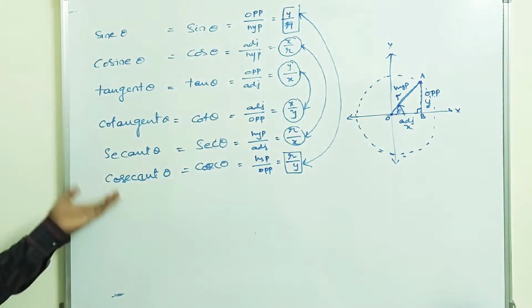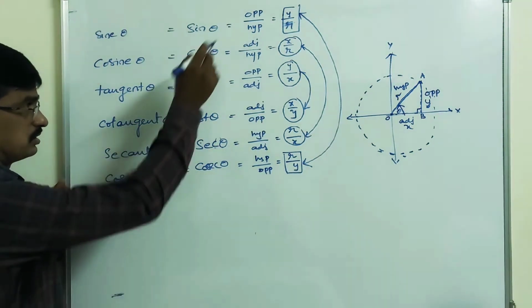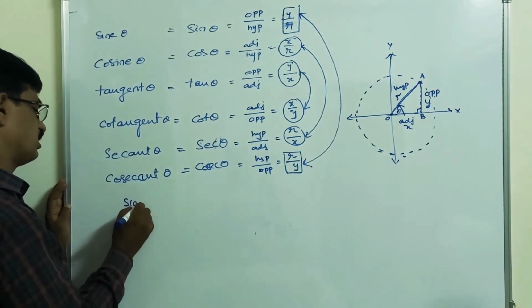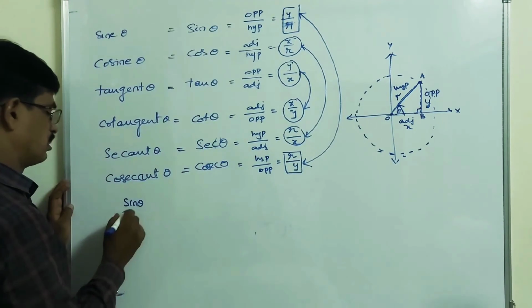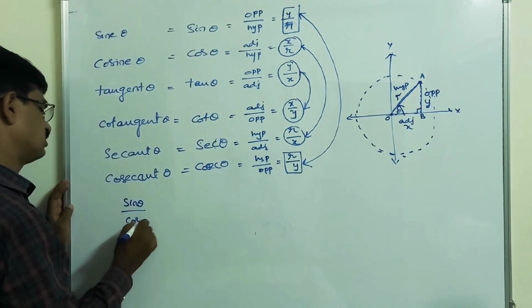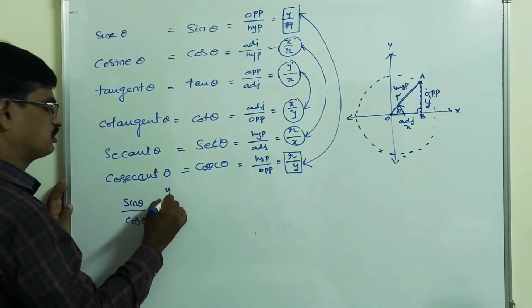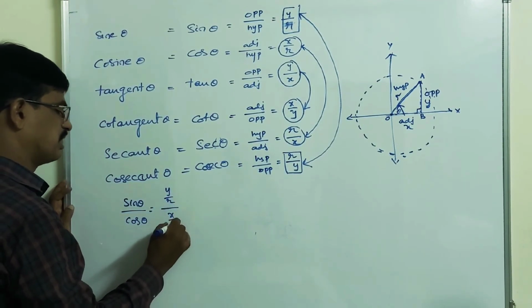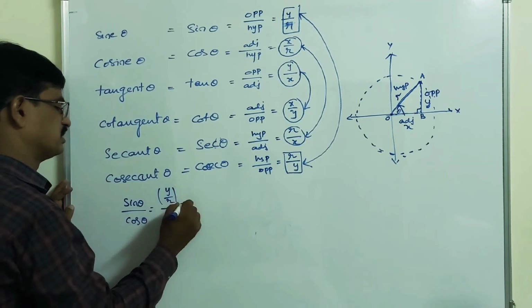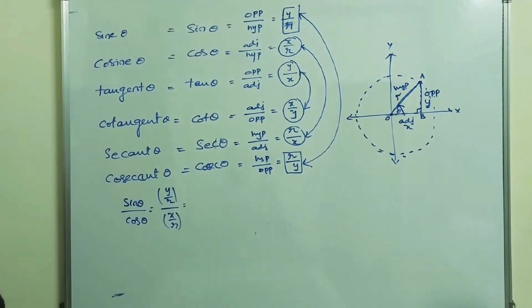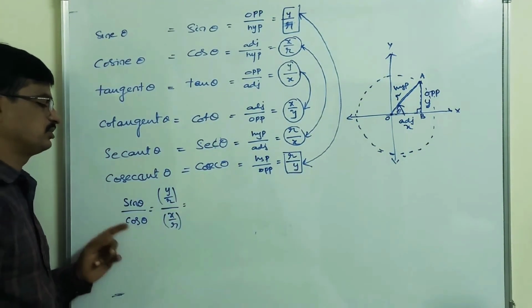One more thing we can observe: sin theta is equal to y by r and cos theta is x by r. Now write the values of sin theta and cos theta, that is sin theta is equal to y by r and cos theta is equal to x by r.